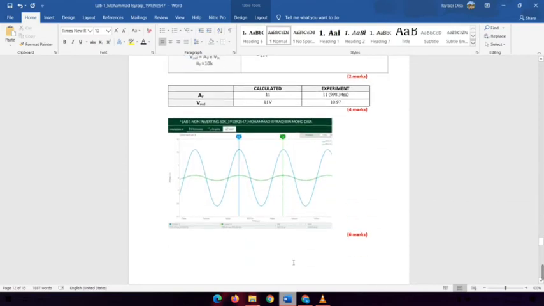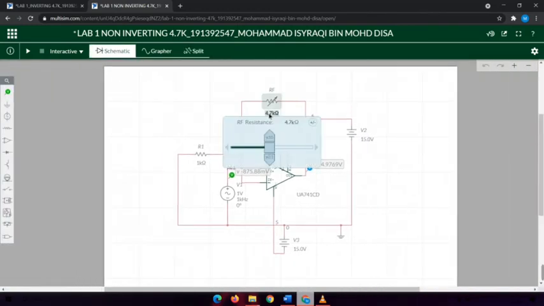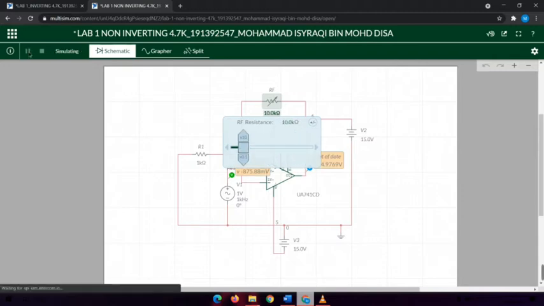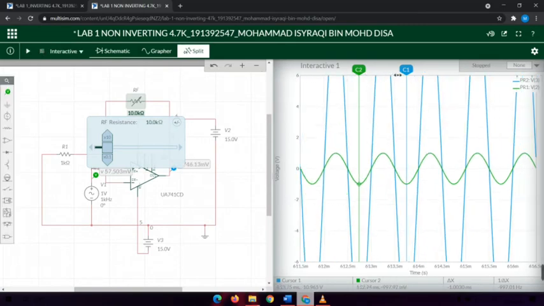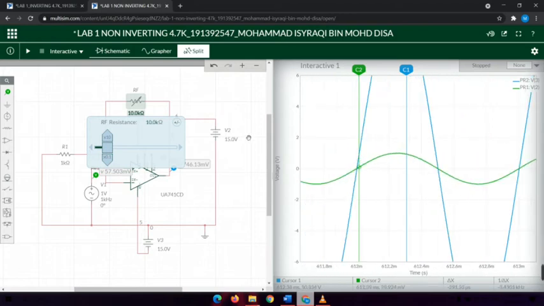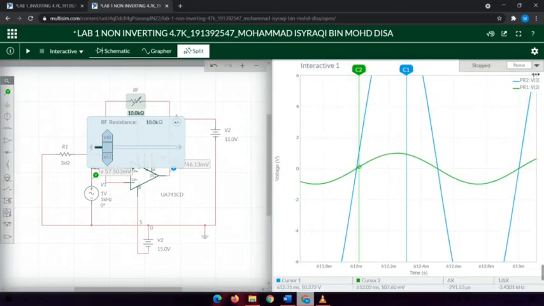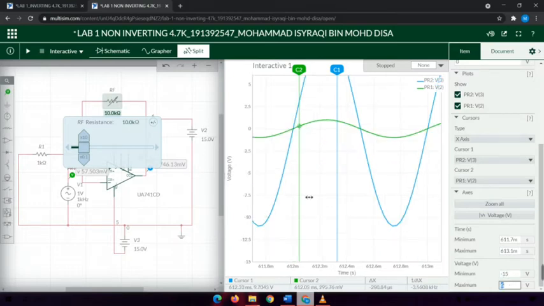For the second value, we are using a 10 kilo ohm RF value. Going to simulate it. We set the voltage, which is 15 volt.